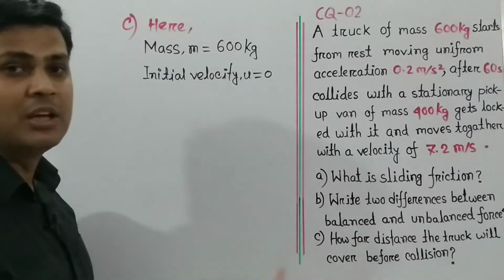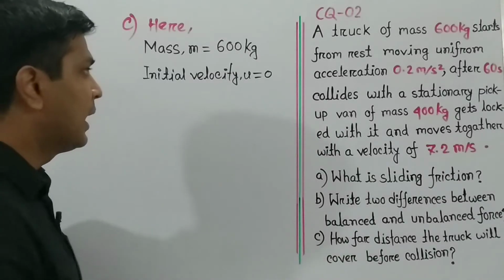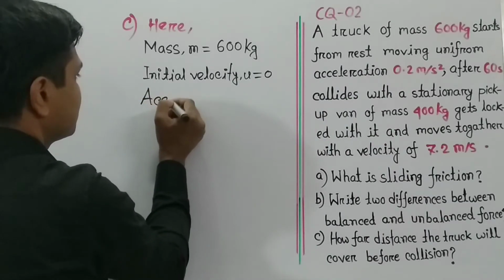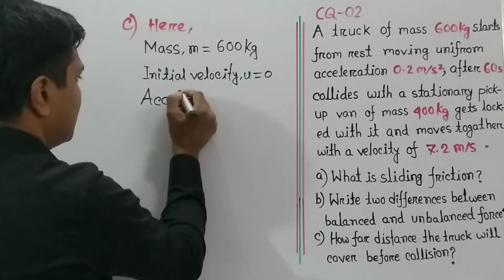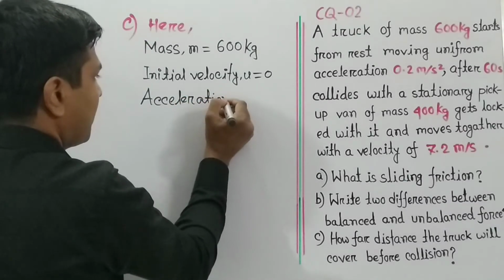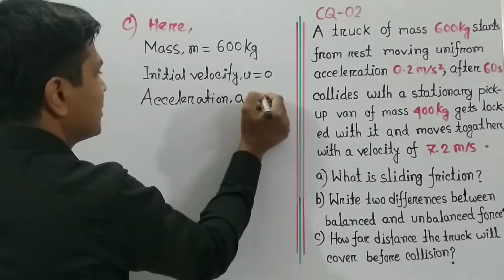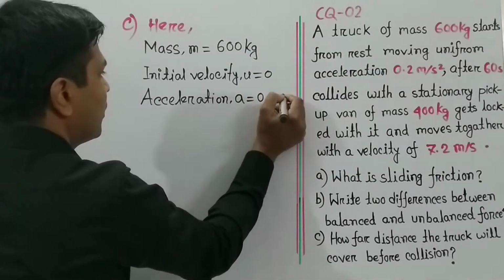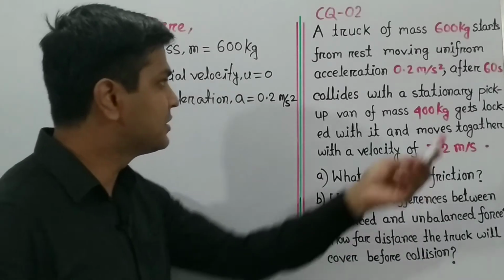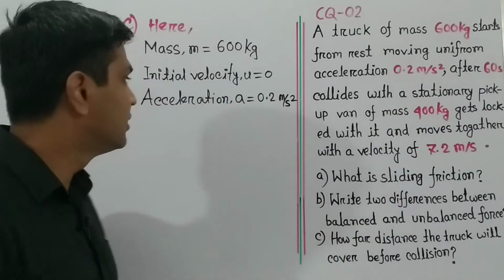So we can write u equals 0, and the acceleration a is 0.2 meter per second square. Time is given here, 60 seconds.